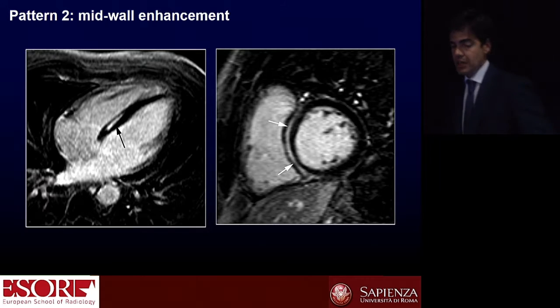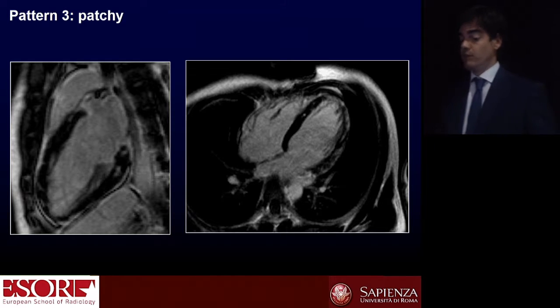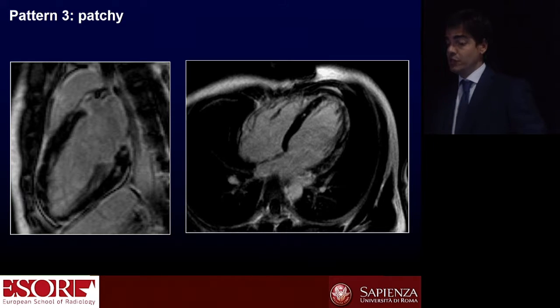And pattern number 3 is called patchy, because as you note from the screen, we have multiple foci of high signal intensity predominantly involving the lateral wall of the left ventricle, which symbolizes an advanced myocarditis. So 3 patterns to remember. The common pathway here is that there is no endocardial involvement, which means that there is no ischemic process.